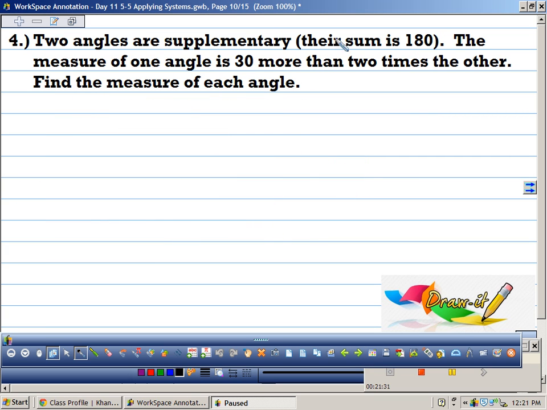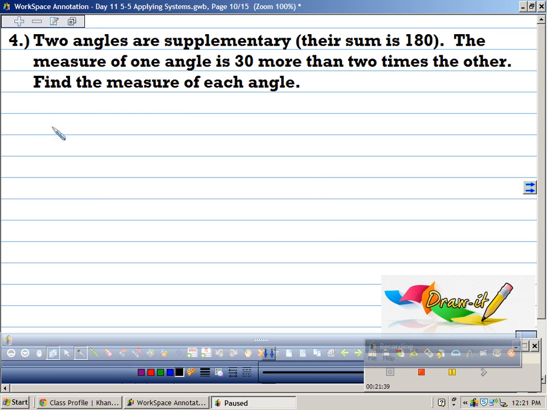Two angles are supplementary. Their sum is 180. So what are we going to make those angles? First of all, this is a supplementary angle. What are we going to call the first angle? T? Sure. What do you want to make the other one then? U?